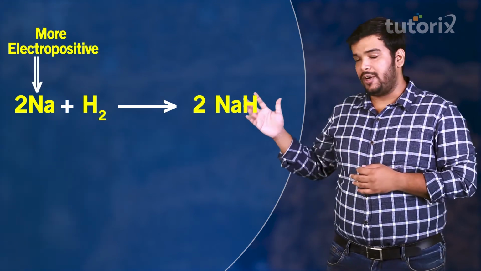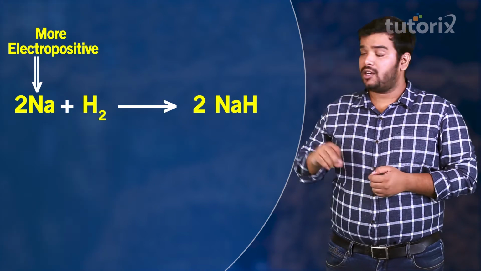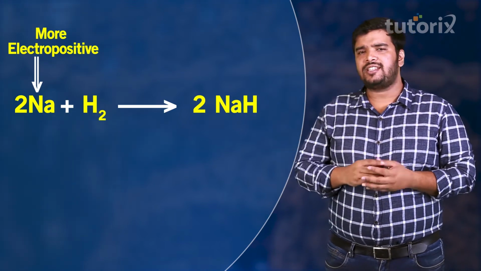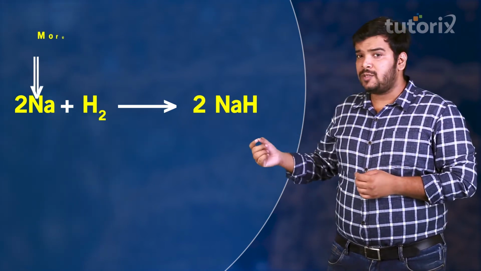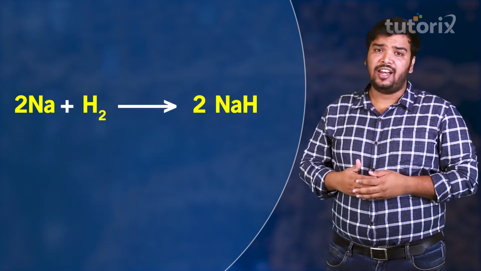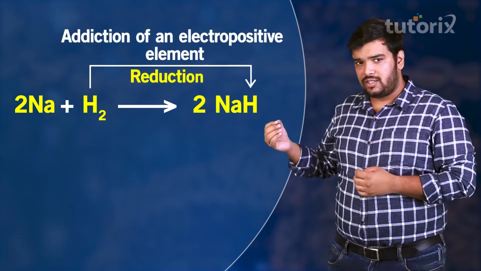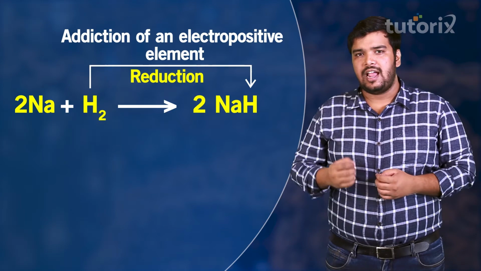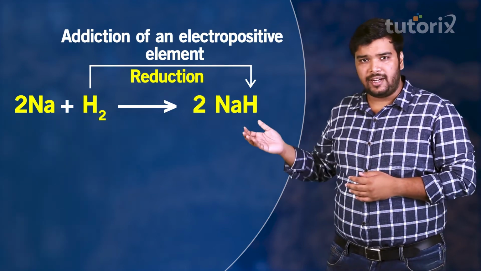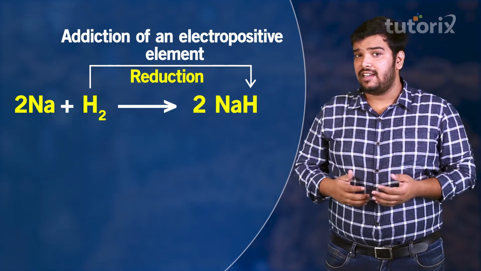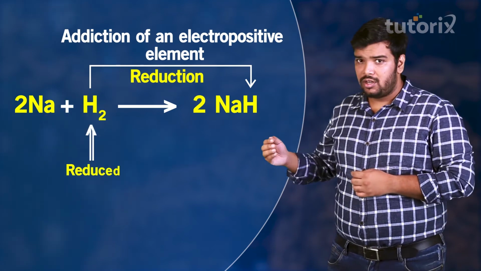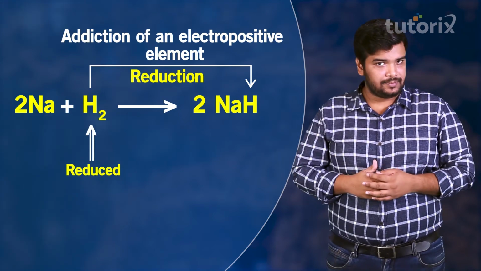Well, that is sodium. Now, if you look at hydrogen, what is happening here? Sodium is being added to hydrogen and leading to the formation of NaH. And what is that? Addition of electropositive element. Hence, we can say that hydrogen is being reduced to sodium hydride.